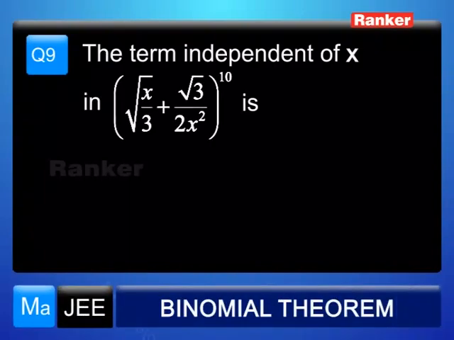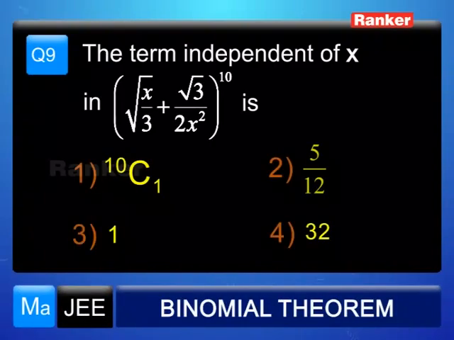The term independent of x in the expansion of (root of x by 3 plus root 3 by 2x square) raised to the power 10 is: first option 10C1, second option 5 by 12, third option 1, fourth option 32.